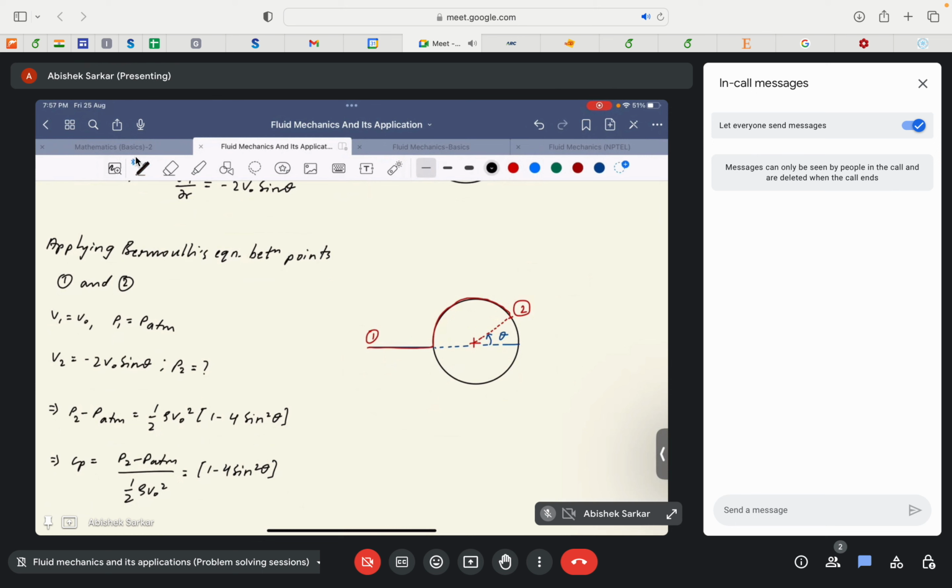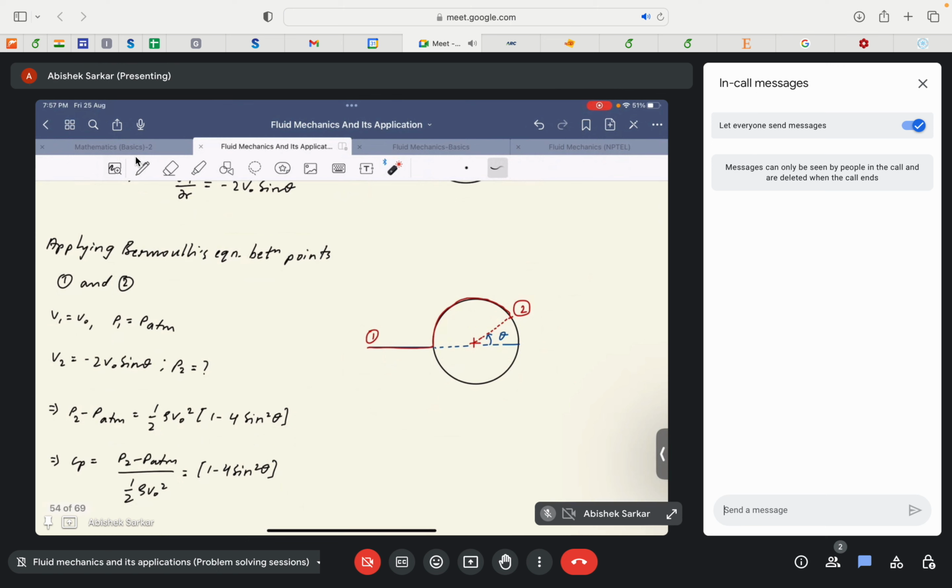Assuming that this height is not quite significant, we can get that p2 is equal to p atm plus half rho v naught square times 1 minus 4 sine square theta.